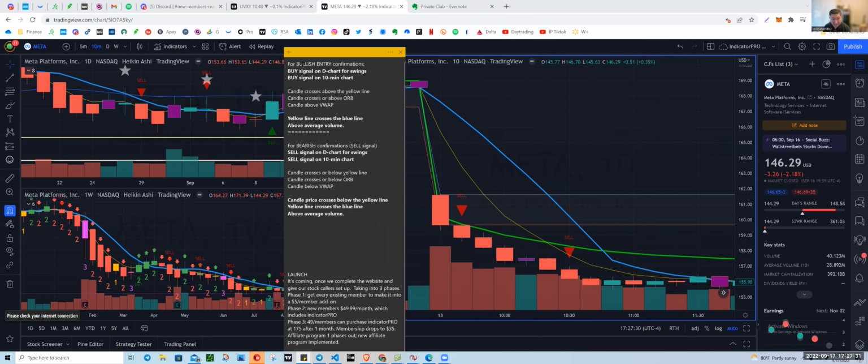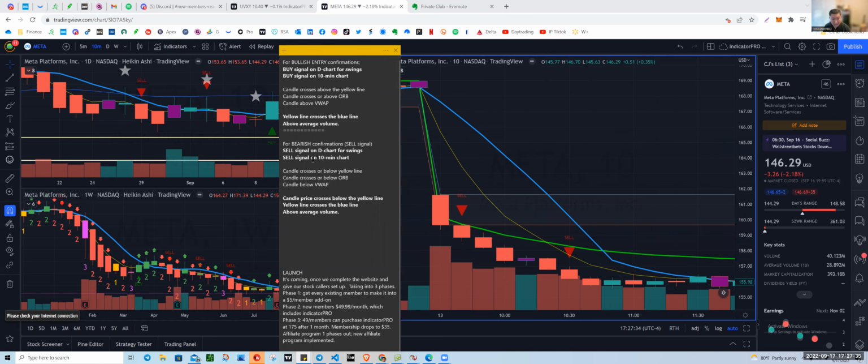And definitely there is a sell signal on the daily. There's a sell signal on the 10-minute chart right here. And you'll notice that you want the candle to either cross or be below the yellow line. So Meta happens to be completely below this yellow line.